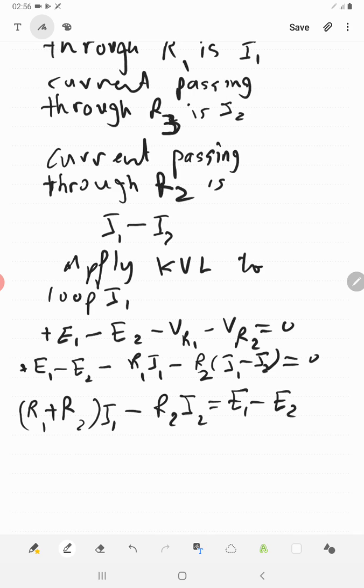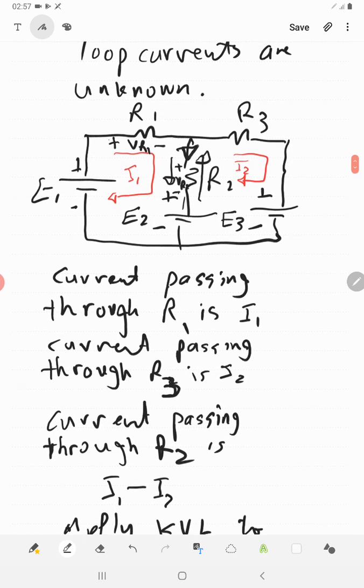So this is an equation regarding loop I1. Look at it again. We're taking loop I1, summing all resistors in loop I1, R1 and R2, times I1.